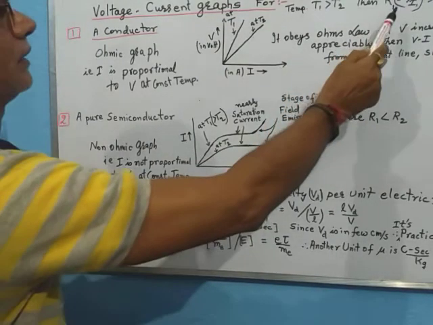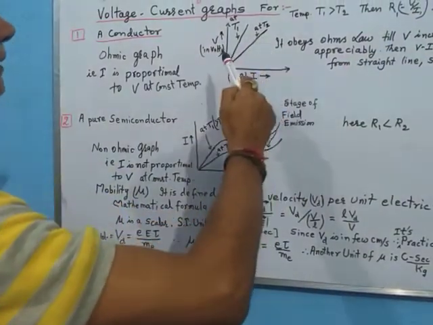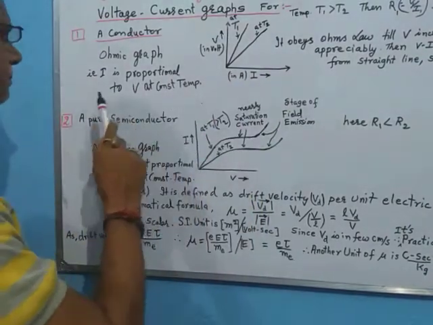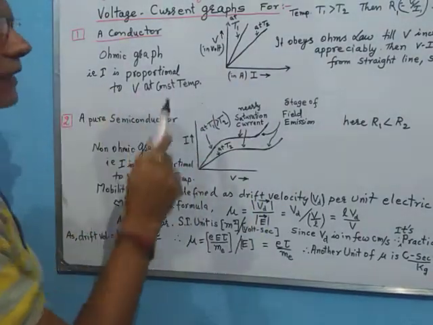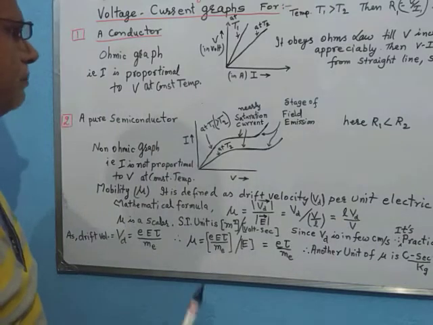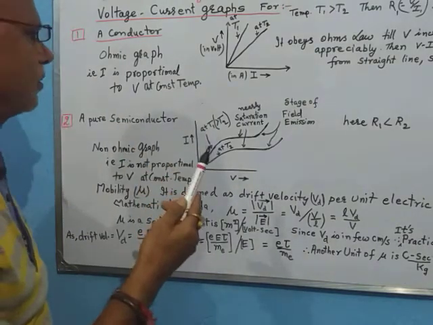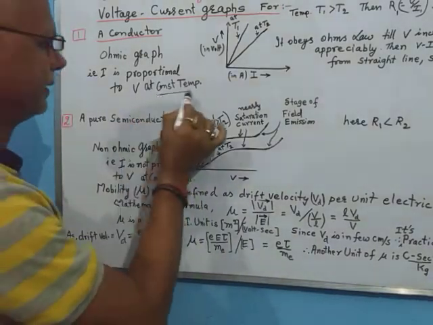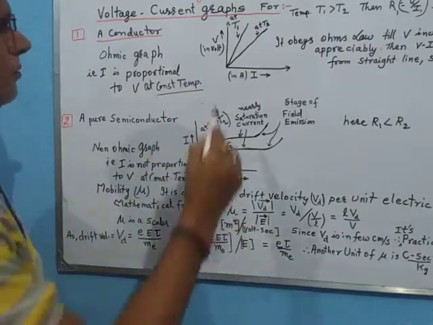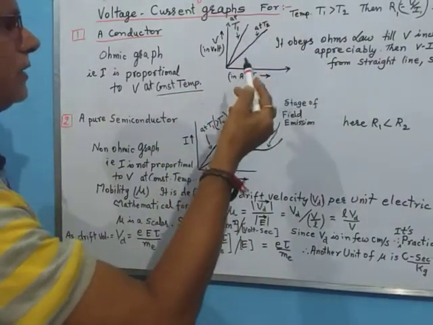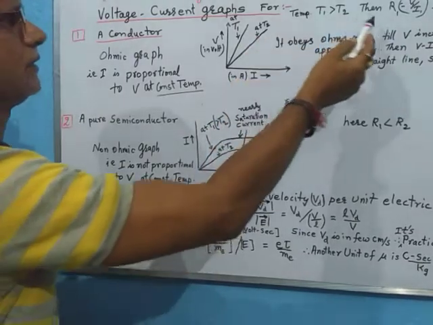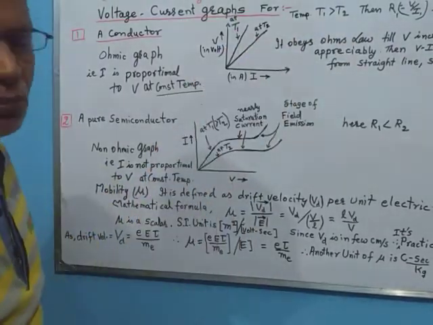So this is about the conductors obeying Ohm's law. That means the current is proportional to the voltage applied, the potential difference applied across the conductor, at a given constant temperature. When we vary the temperature, when the temperature is increased, the resistance and the resistivity both increase.